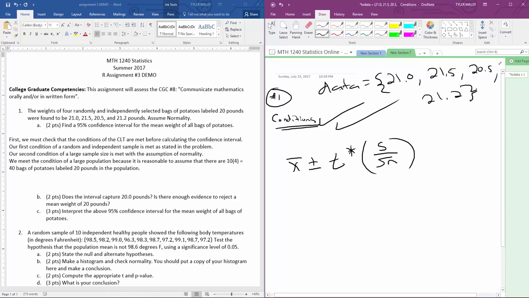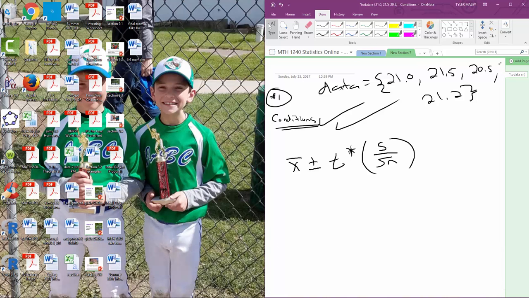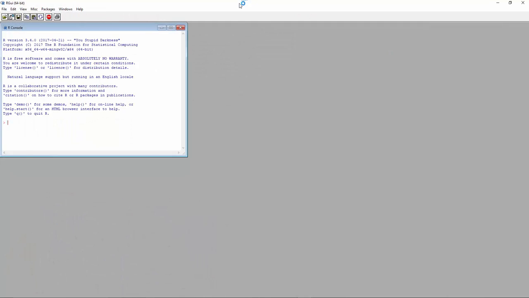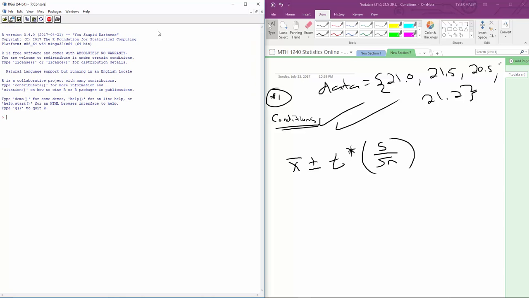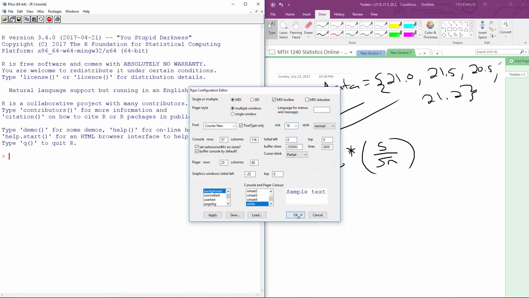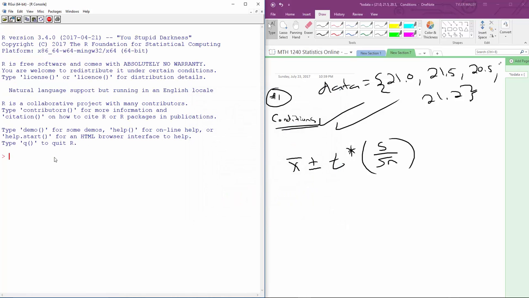There's my data. That's all the information I need to write down. So let me open up R now and go split screen with my notepad.